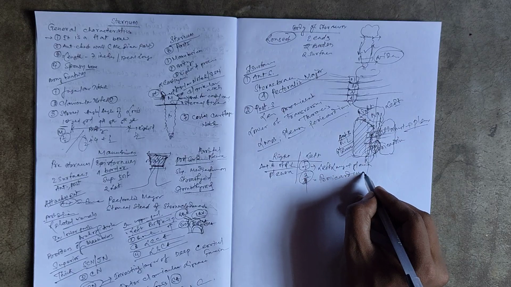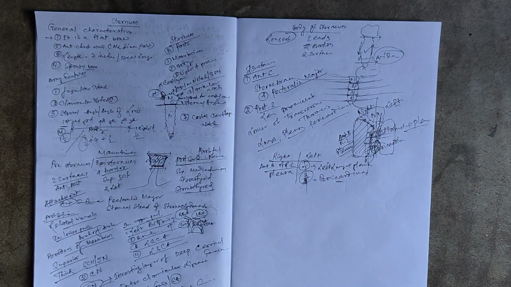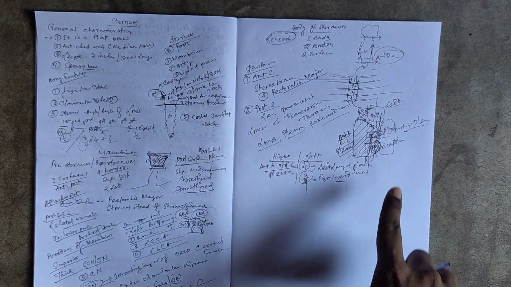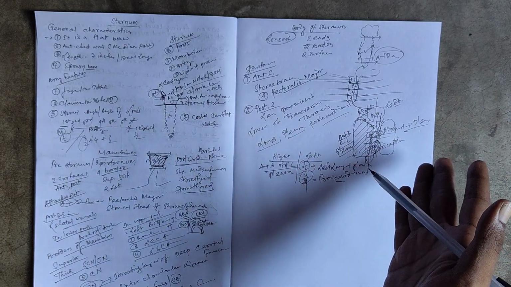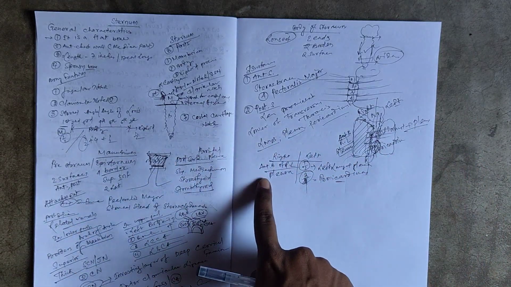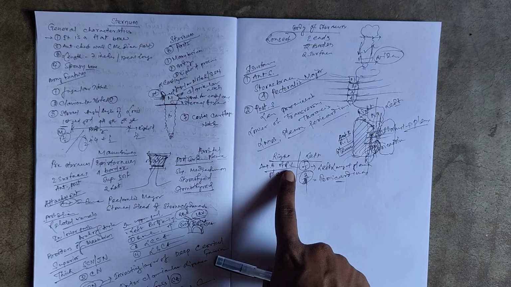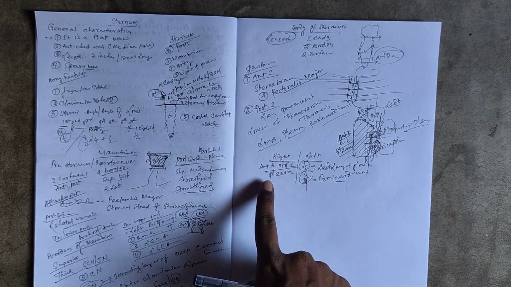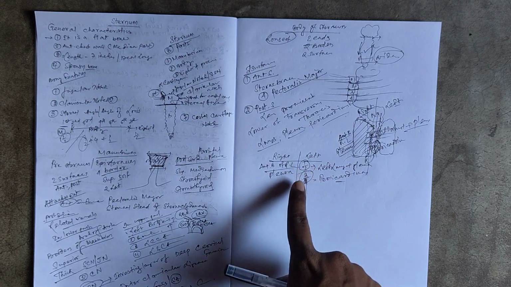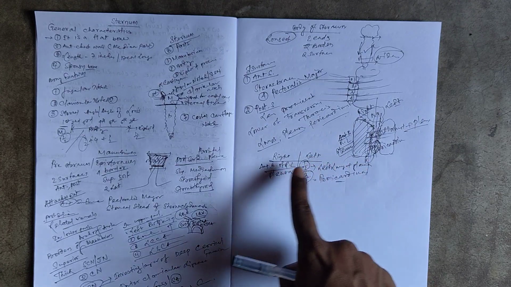Relation, sorry, not origin. So I think you have understood this. On the right side, the relation is with the anterior border of the right lung and the pleura, and on the left side there is the left lung plus pleura in the upper two segments.